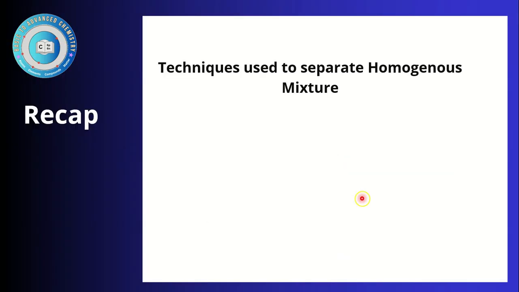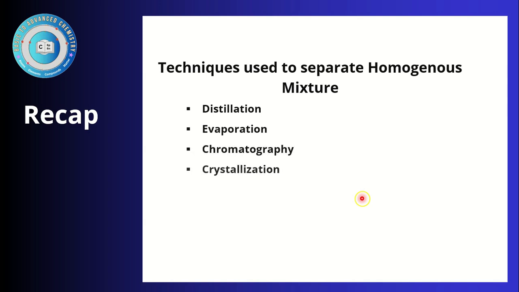So let us summarize our lesson. In this lesson, we learned different techniques used to separate homogeneous mixtures, such as distillation, evaporation, chromatography, and crystallization. Distillation is based on the principle of boiling point differences of components of a mixture.